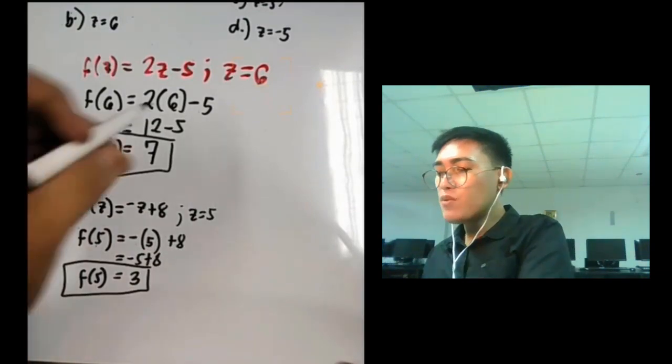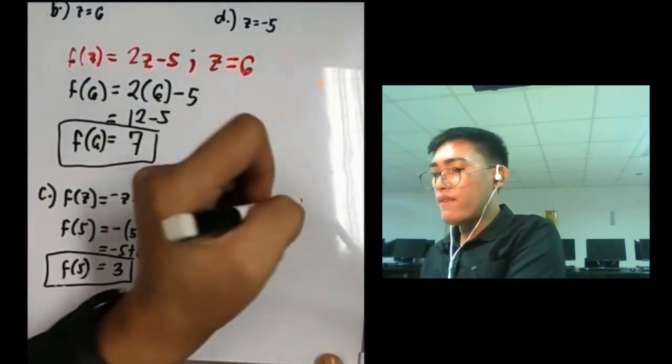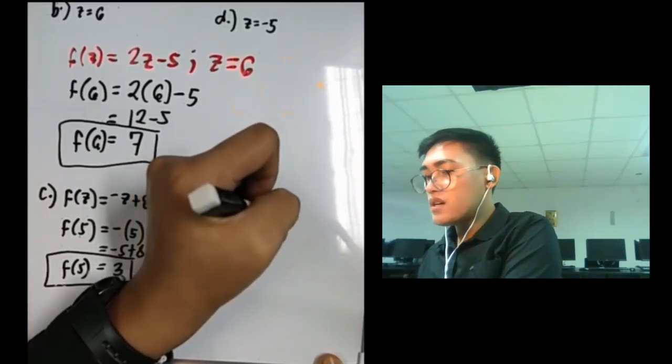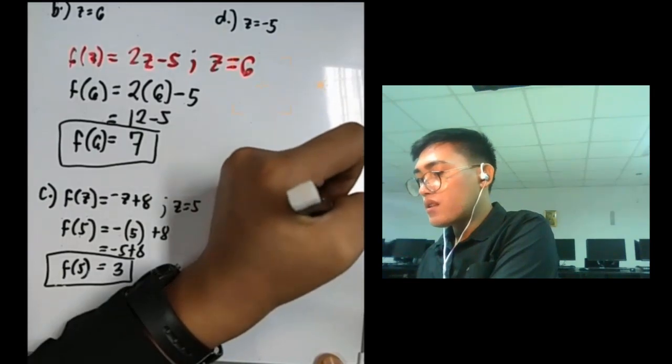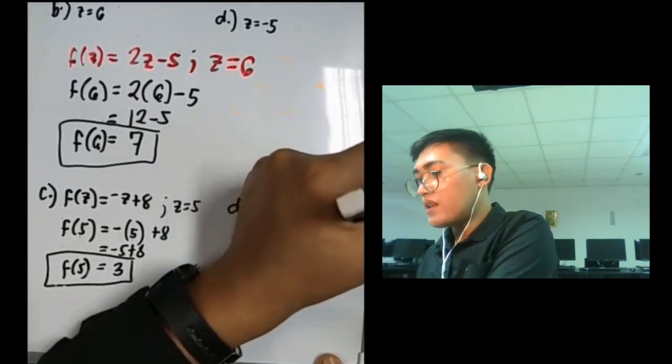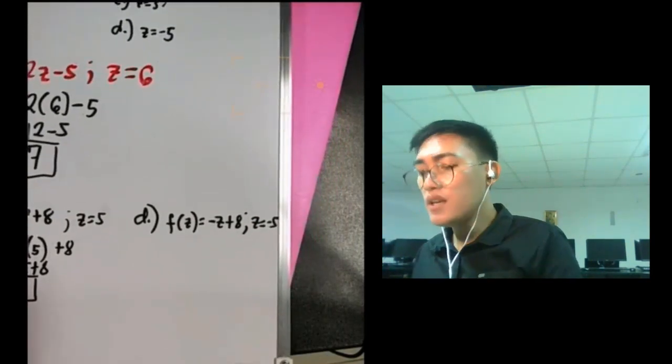And for the last one, letter D, we have f of z equals negative z plus 8, z equals negative 5. That one. Okay?